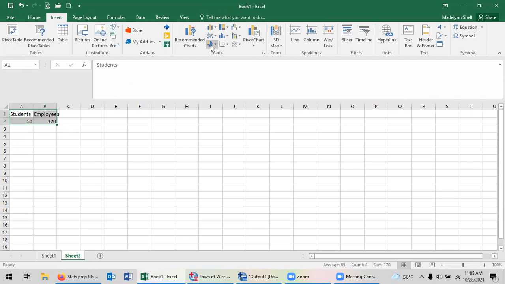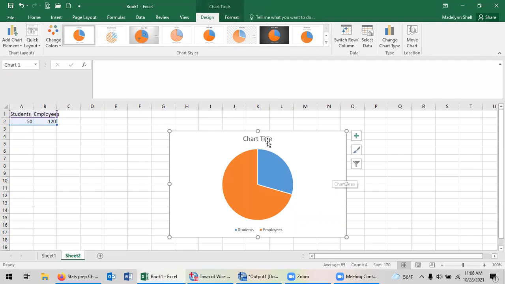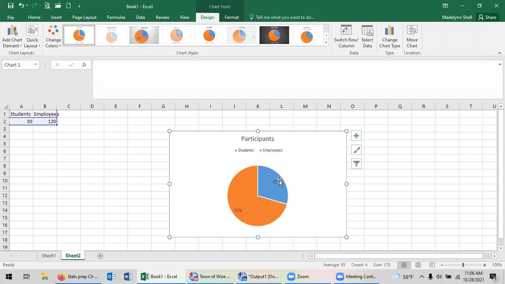Go to Insert and let's see what happens if we insert a pie chart. All right, now we've got a nice chart here. We can add our participants. Again, if we do the quick layout, we can add the percentages in here. So now we know that 29% are students and 71% are employees. This is really nice to include in your infographic. It's a nice visual depiction of your data.